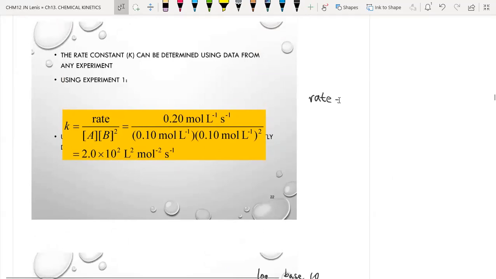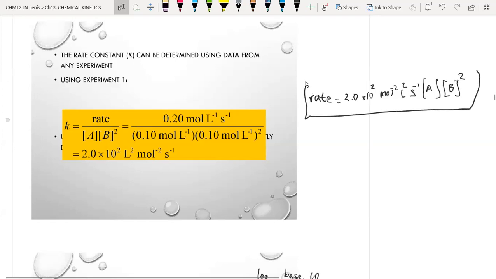So rate equals, now we write everything down. 2.0 times 10 to the second moles^-2 liters squared. I prefer this order, not that order. Seconds^-1 times concentration of A times concentration of B squared. And that's it. That's the final answer.